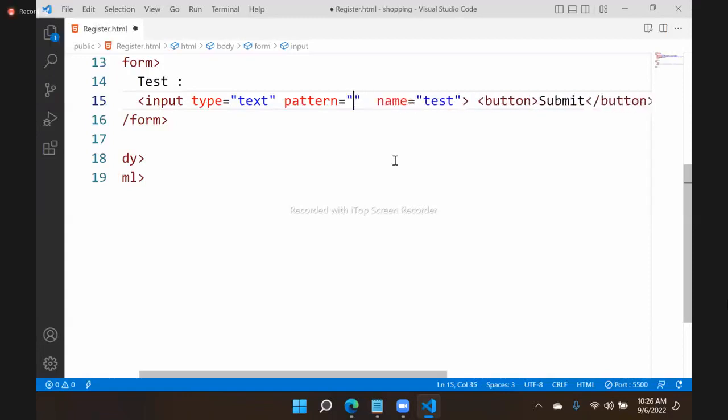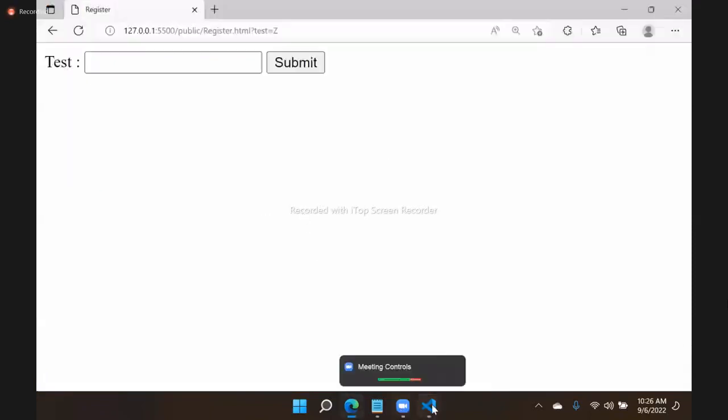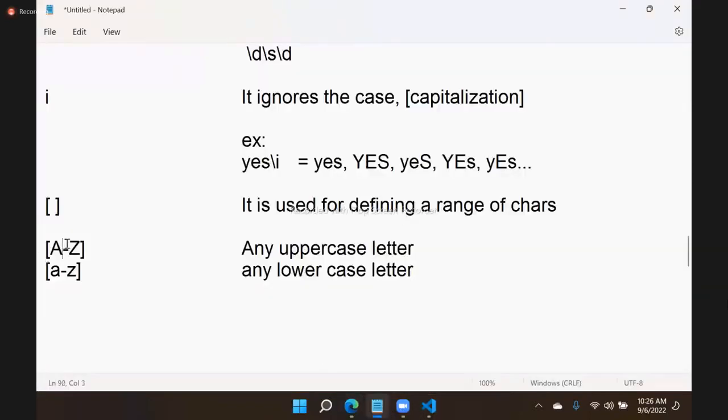So if you want to allow only lowercase, you define this; uppercase, this; and if you want both uppercase and lowercase alphabets, then you have to define a hyphen z, A hyphen Z. This indicates both upper and lowercase characters allowed.